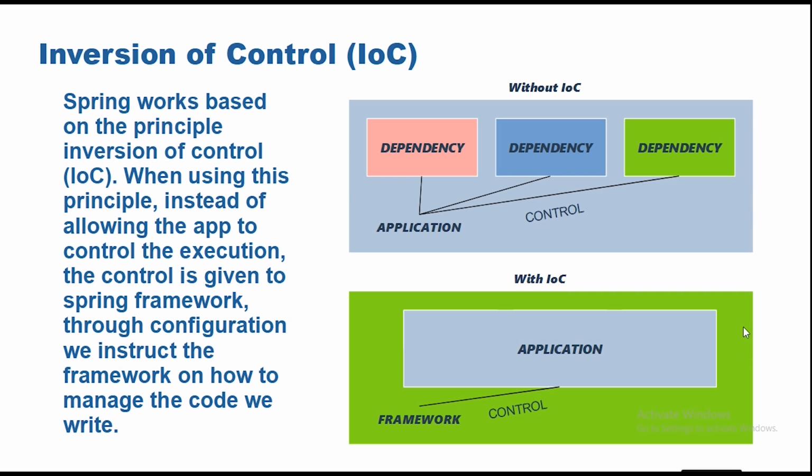As you can see in the picture, without inversion of control, the application manages all these dependencies. But with inversion of control, the application itself is managed by the framework. So that is inversion of control.